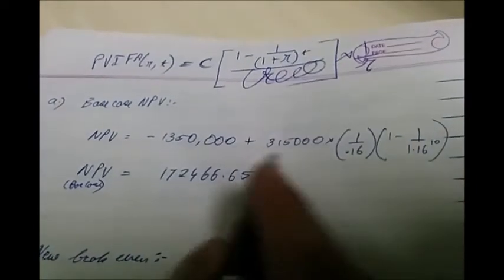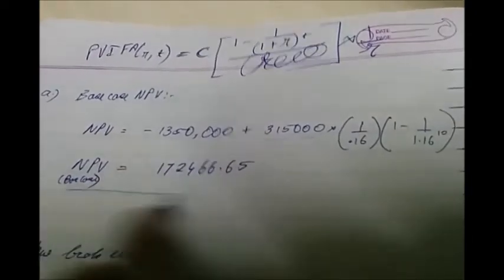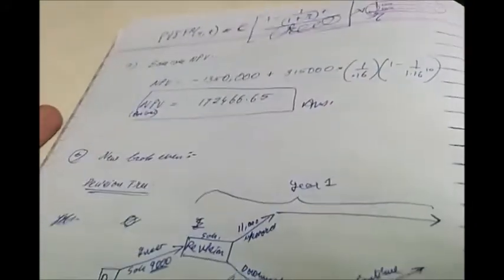This is the PVIFA, and this is our C in this case. On solving this and subtracting it from the initial investment, you will get the base case NPV. This is our answer. Now we will come to the option.